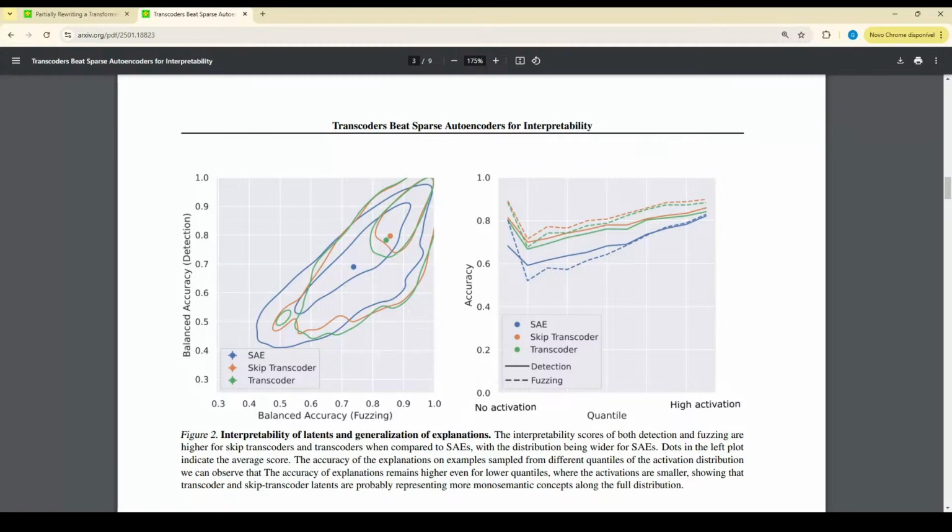And in a perfect world, you get this line as flat as possible, which would just mean that the full distribution is as interpretable as the highest activating examples.